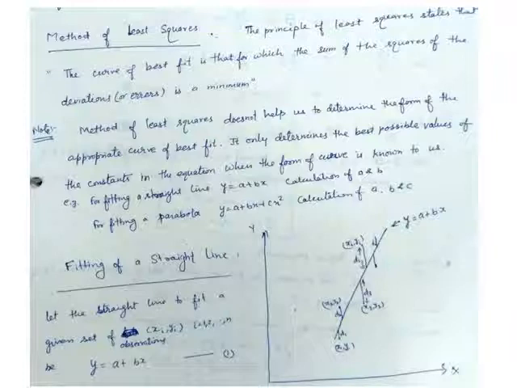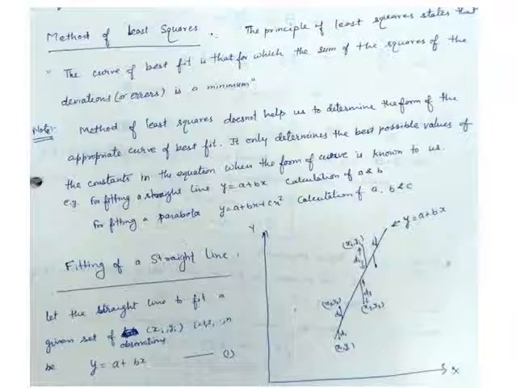It only determines the best possible values of the constants in the equation when the form of the curve is known to us. If you need to fit a straight line, y equals a plus bx, the constants are a and b.